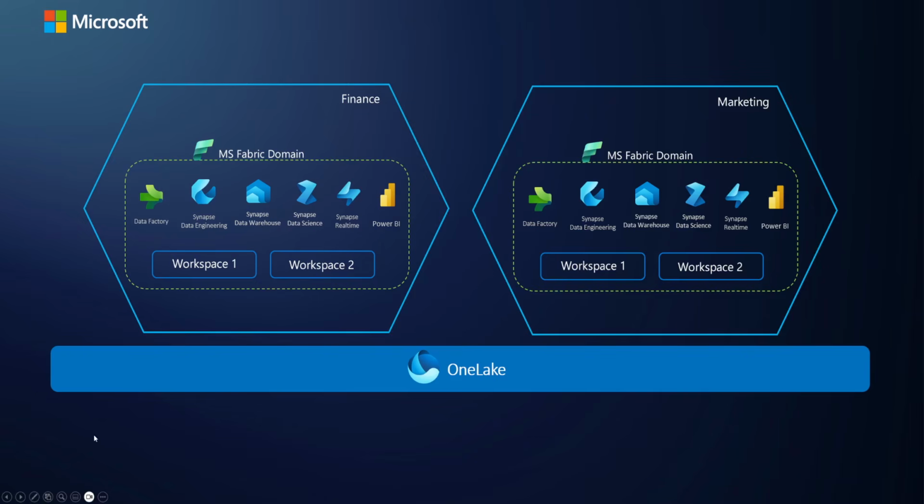Now, we already discussed this central IT domain that was processing our ERP data. Because they have stored this in OneLake, finance can just consume this data, either using the data engineering or their data warehouse or lakehouse endpoints, and just shortcut to the data, forward process it, augment it, and then produce their finance dashboard.